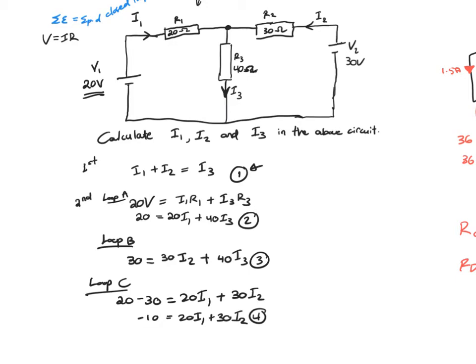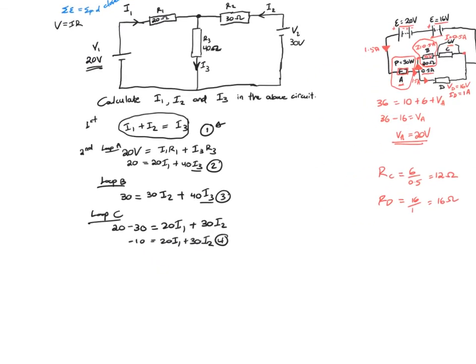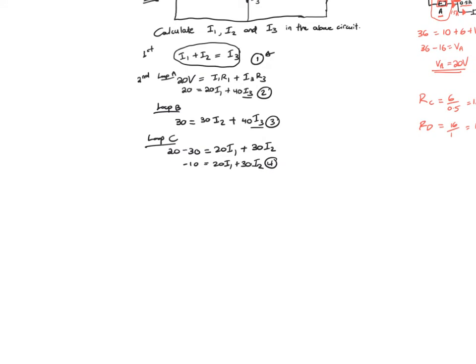Now, like I said, this is a harder-end question and might never pop up in an exam, but it might as well. So I will write every I3 in terms of I1 and I2, since I know from Kirchhoff's first law that I3 is equal to I1 plus I2. So I will make my new equations.